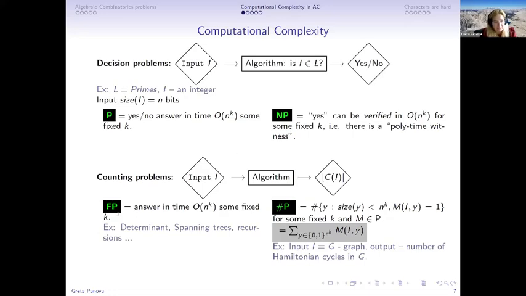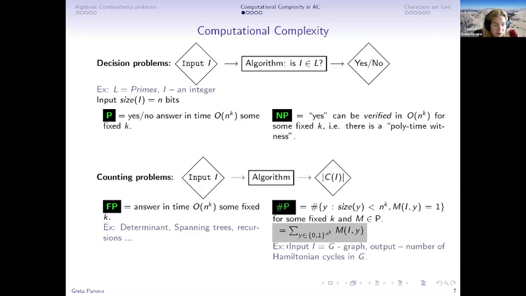FP is when the answer can be obtained in polynomial time, and Sharp-P is the counting analog of NP, and it's telling you that whatever you are counting can be expressed as an exponentially large sum. So you have a lot of freedom here. An exponentially large sum of things that are 0 and 1 and can be decided in polynomial time. This is like an indicator function telling me if my object is nice and should be counted.